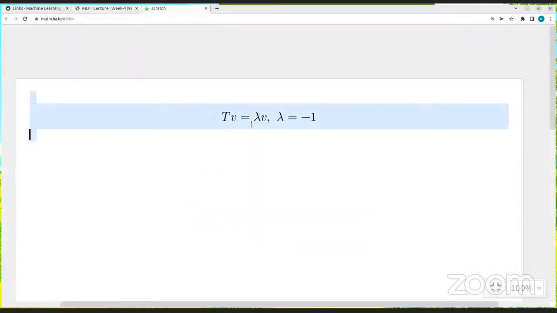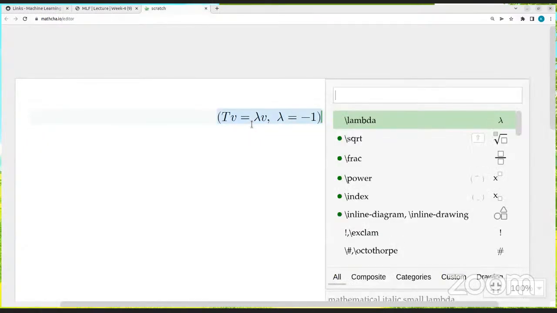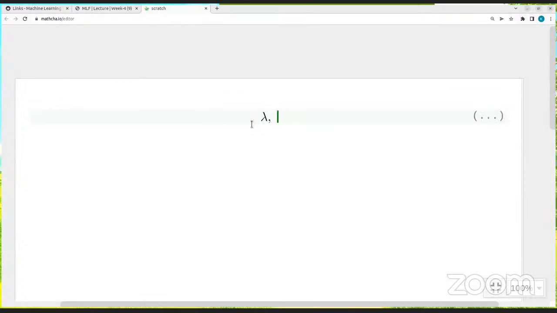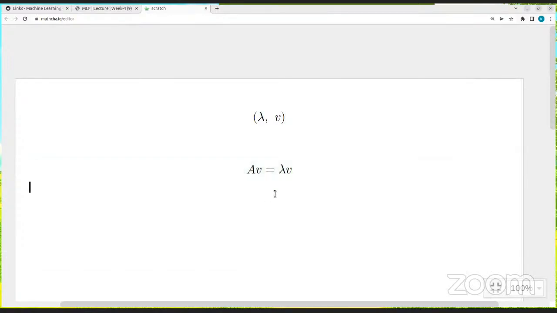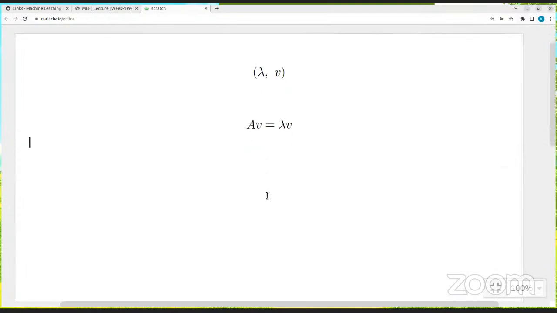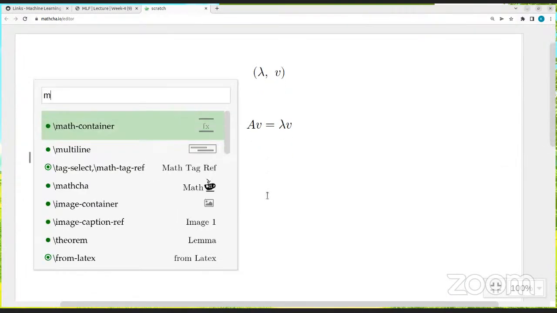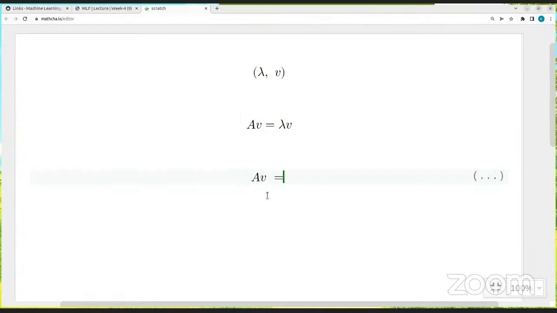When I say that lambda comma v is an eigenpair, it means v is an eigenvector of A with eigenvalue lambda. So AV equal to lambda v. This you are clear, right? Yes. So if AV equal to lambda v, then I do some small tricks.